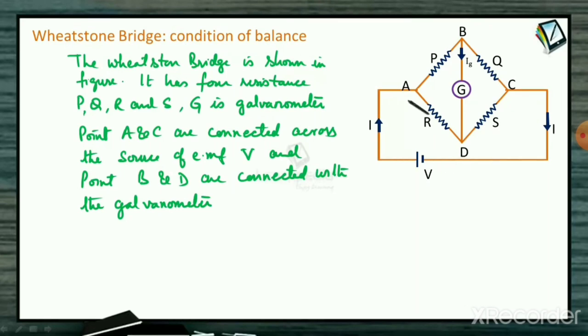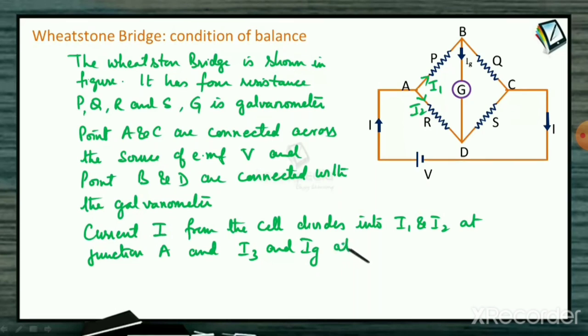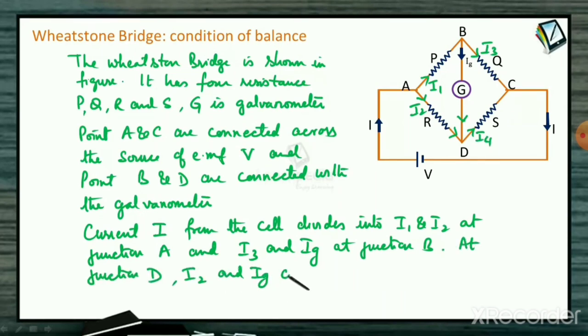Now current I starts flowing in the network and the current will subdivide. Current I from the cell divides into I1 and I2 at junction A, and I3 and IG at junction B, where IG is the current through the galvanometer. At junction D, IG combines with I2 to give current I4.